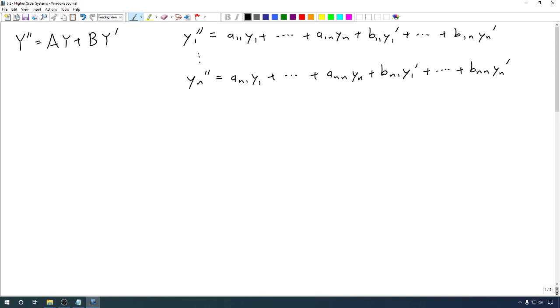Second order differential equations. We could go higher still. We could have a y triple prime that is related to the y's, y primes, and y double primes, and so on and so forth. But the process will be very similar, and I don't want to make it too much more complicated than we need to right now. Once we know how to turn this one into something we can solve, we should be able to understand how to turn other ones into ones we can solve.